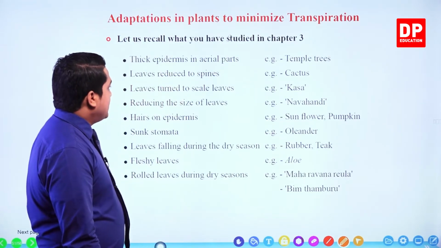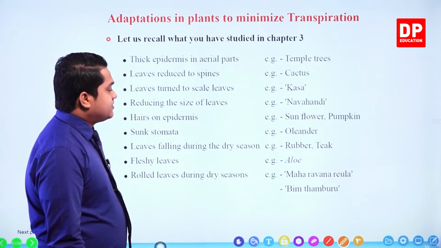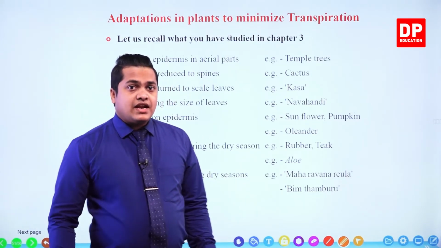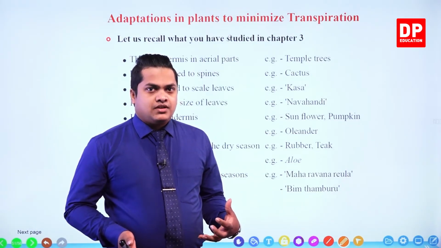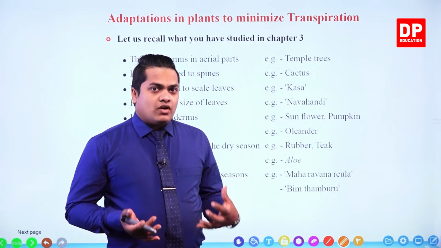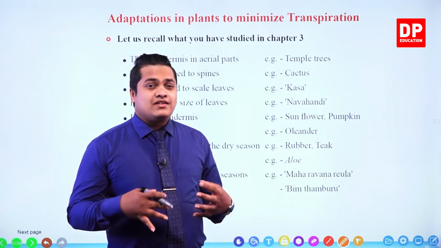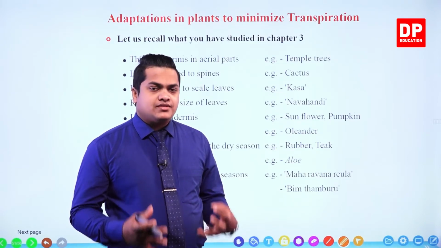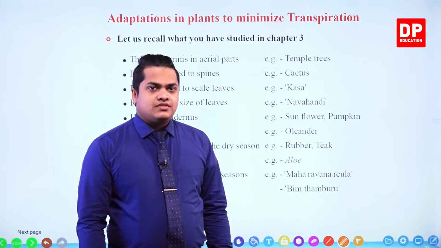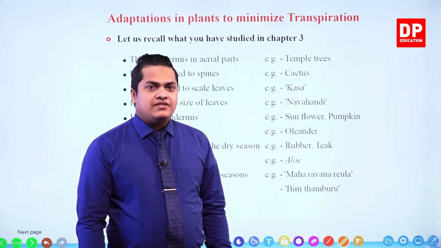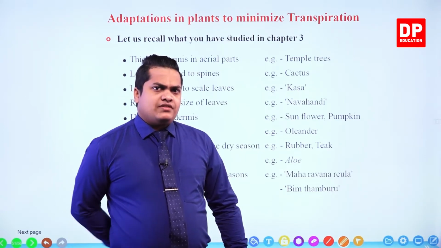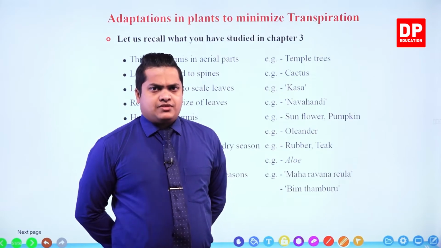Next one, leaves reduced to spines. Now, there are no leaves. The organ referred to as the leaves has been reduced, converted into spines, thorns. If there are no leaves, how are they going to do the photosynthesis process?